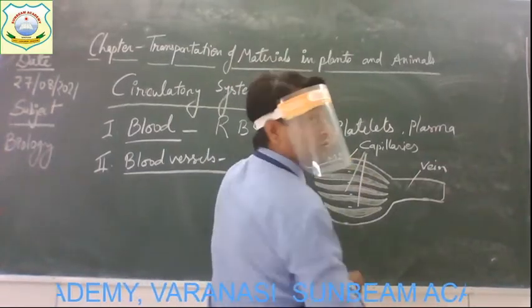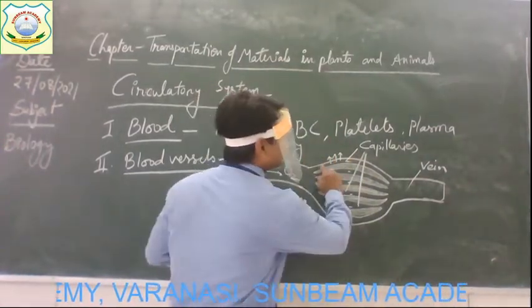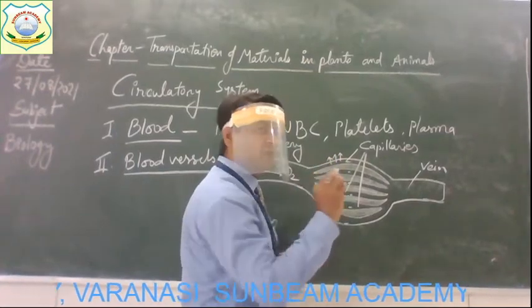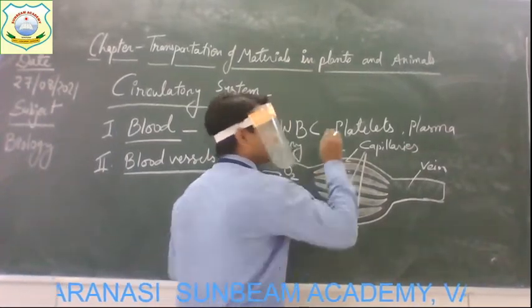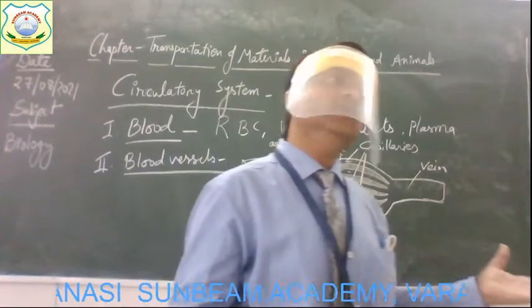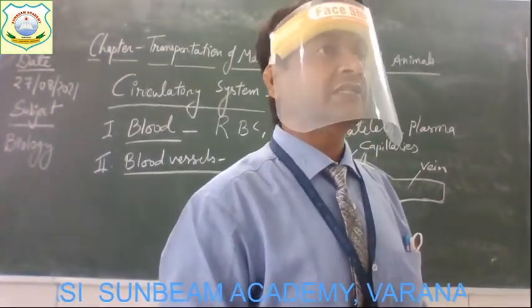Oxygen comes out from the blood through this very thin wall and goes to the body tissue where it is utilized to produce energy.